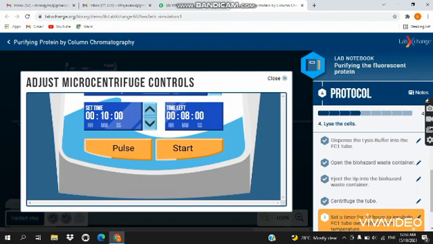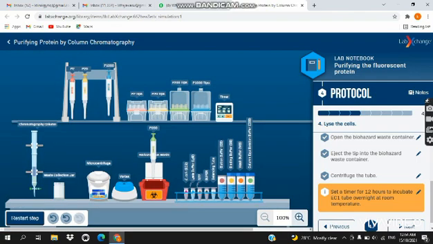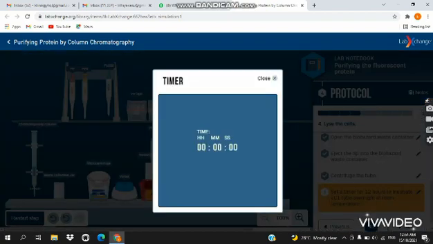After you centrifuge, set a timer for 12 hours to incubate the EC1 tube overnight at room temperature. Since the centrifuge is done, we're going to set a timer.